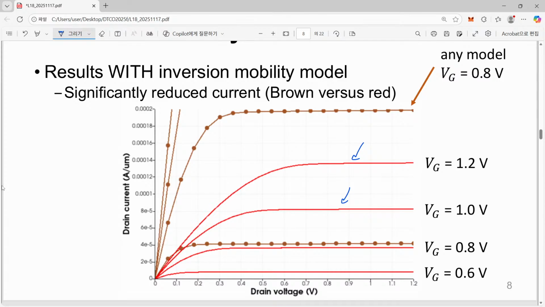Then what we must compare is this one and this one. Huge reduction. And when we have 0.8, where can you find 0.8? Now we have 0.8. So in reality, the impact of the mobility model is so severe that you cannot neglect it by any means.